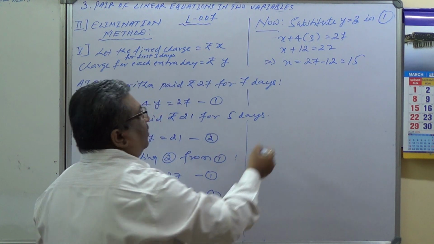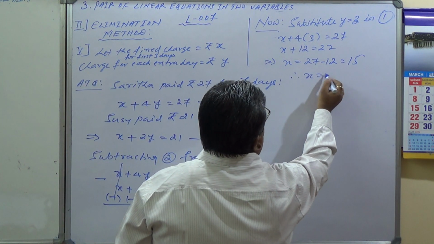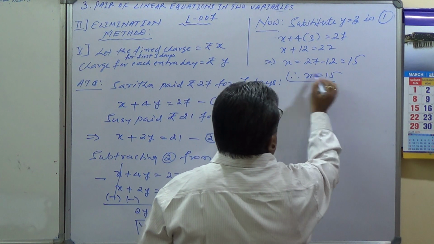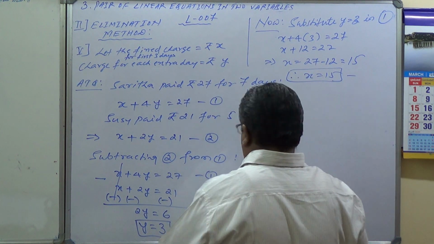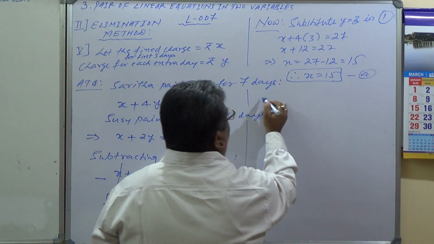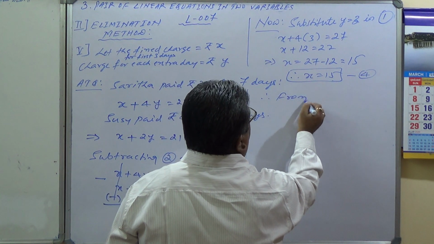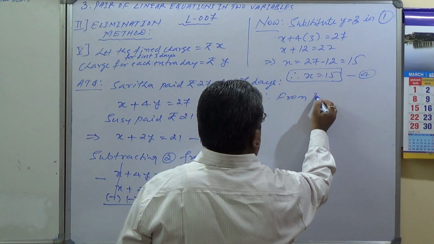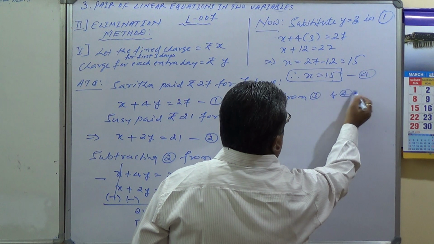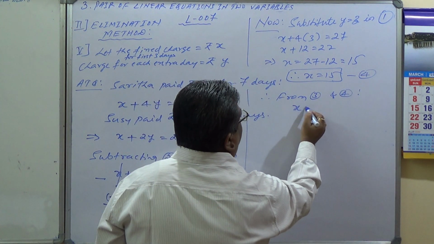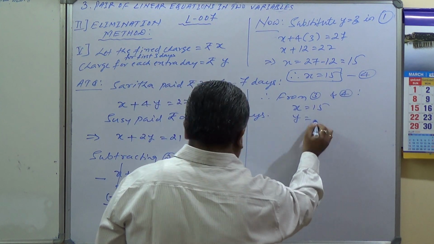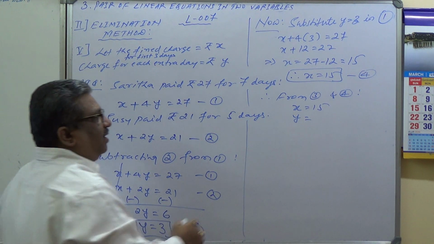Yeah, it is correct. Therefore, X is equal to 15. Tag this as 4. Therefore, from 3 and 4, X is equal to 15 and Y equals 3.